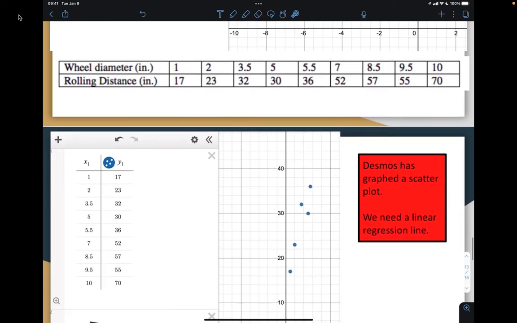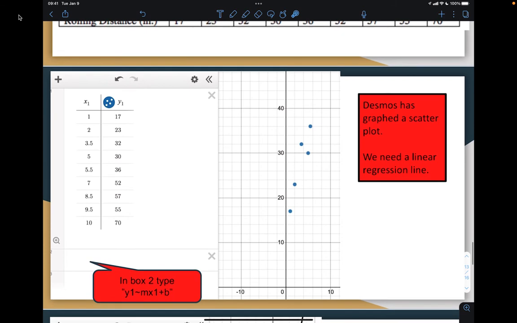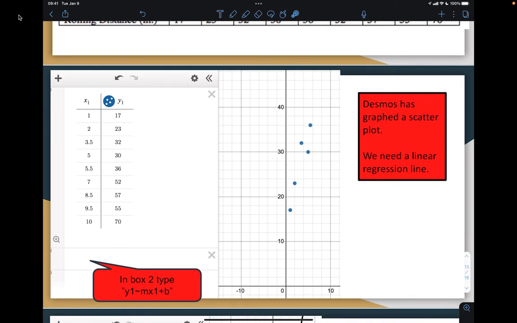All right. Notice when we do that, Desmos has graphed a scatter plot for us. Now we need to tell Desmos to please make the regression line. So in the second box right here, we're going to type the equation y1 squiggle m x1 plus b.